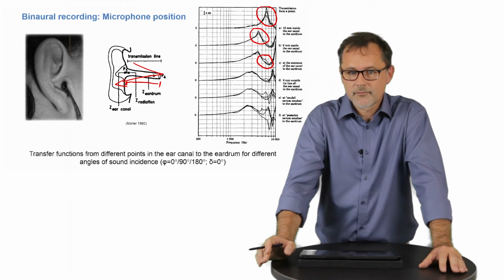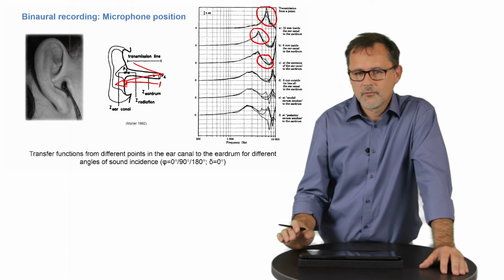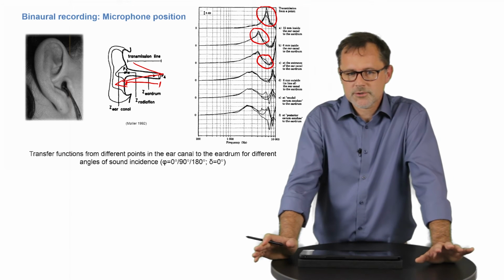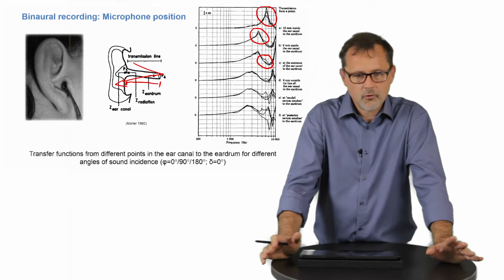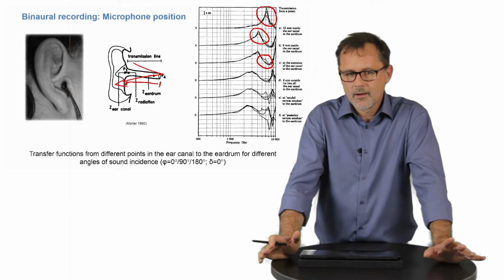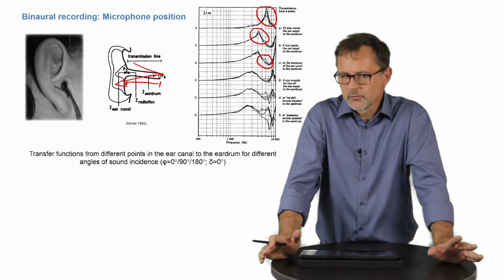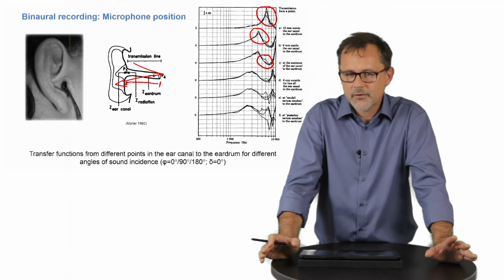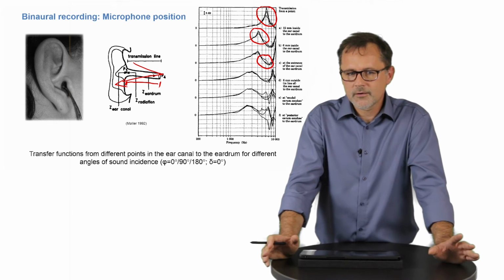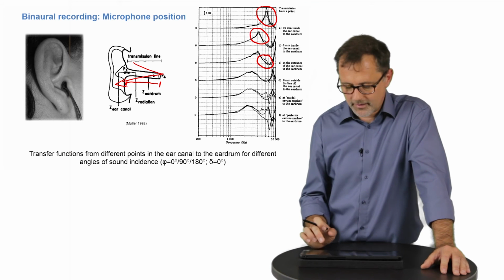And that's where we have the next challenge. If we want to recreate the sound pressure in the ear canal by live recording or by convolution, both the recording microphones and the headphones should be acoustically transparent, which means they should not introduce any spectral differences into the transfer path.